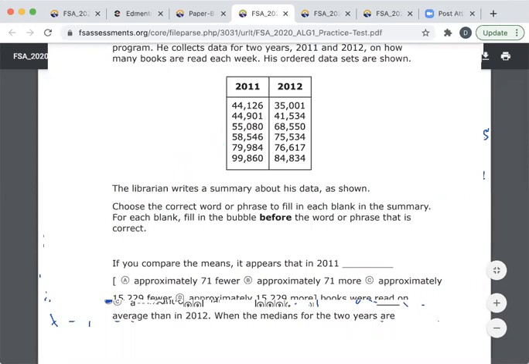Okay, so let's do it the long way. 44,126 plus 44,901 plus 55,000 plus 58,546 plus 79,984 plus 99,860.